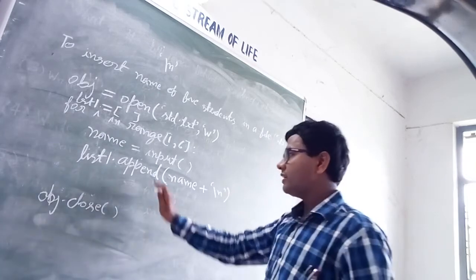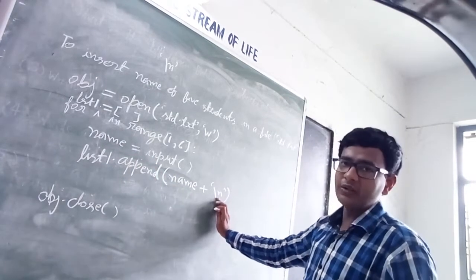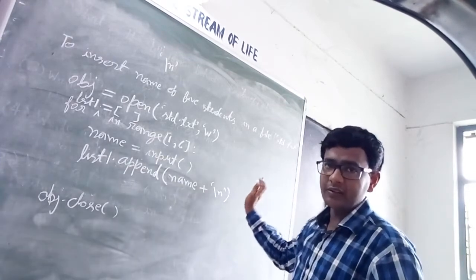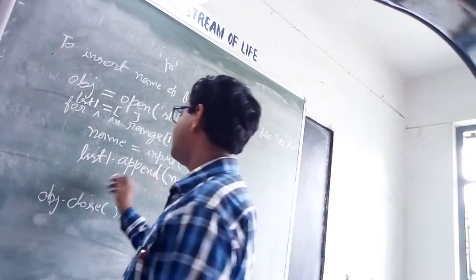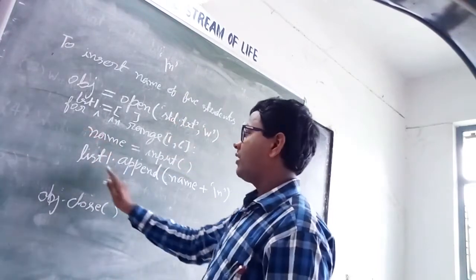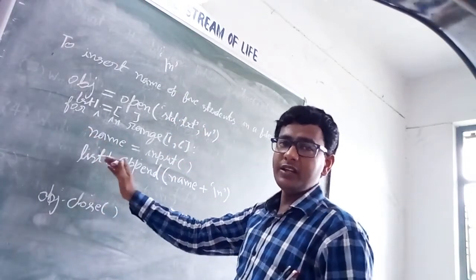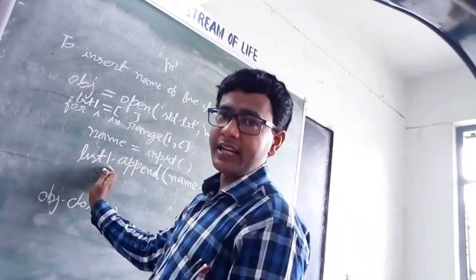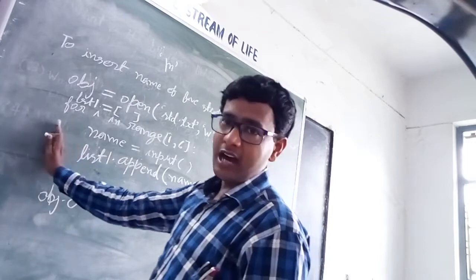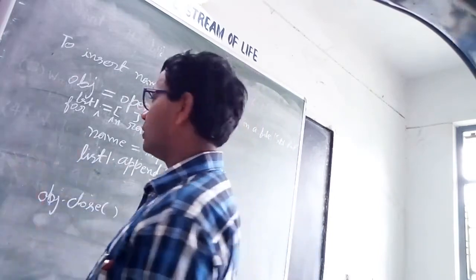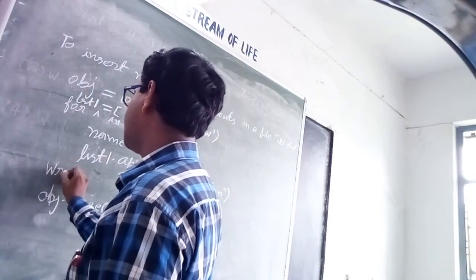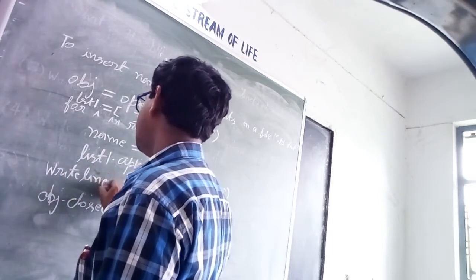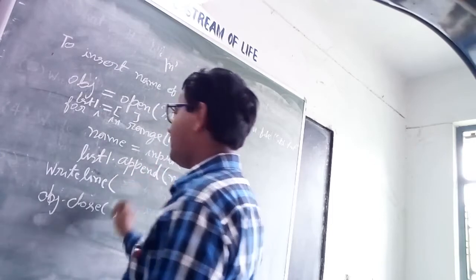After each name, we insert a new line character for displaying our result line by line. Next, after taking all the entries in list1, we use the writelines function. Hence, we use the writelines function outside the for loop. writelines, and take list1 as an input.